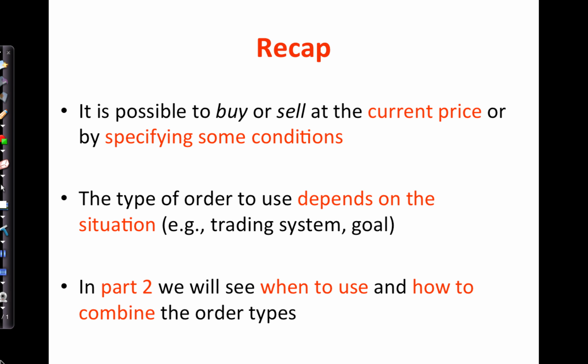So, for example, in your trading system, you may want to enter orders where you want to have a stop loss, so a level at which you want to sell if the price is going against the direction you expected. You may have some target profit, so you want to use a limit order to sell. So it really depends on the system. And in part 2, we are actually going to see when to use these orders that we have seen today, and how we can combine these orders according to the system that you are using.